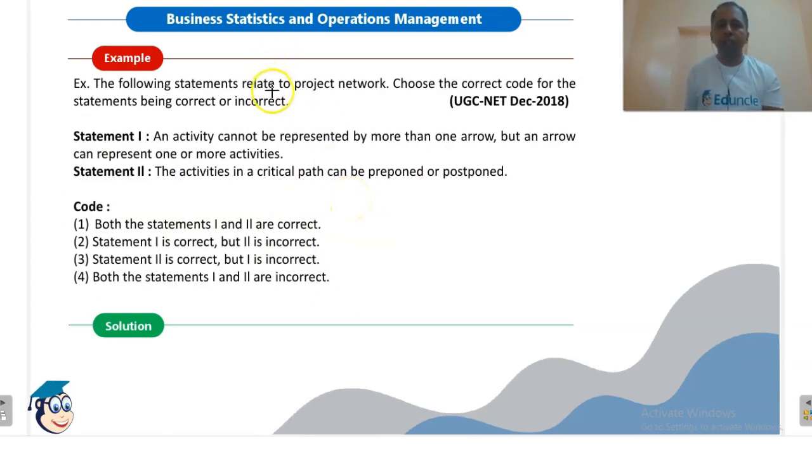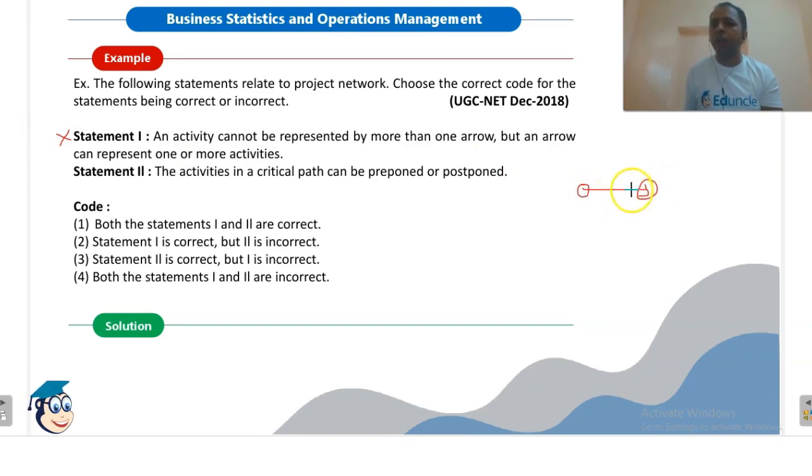The following statements relate to project network. Choose the correct code for the statements being correct or incorrect. An activity cannot be represented by more than one arrow, but an arrow can represent one or more activities. This is wrong. We have seen an arrow can represent only one activity, where this is the start of an activity and this is the end of an activity.